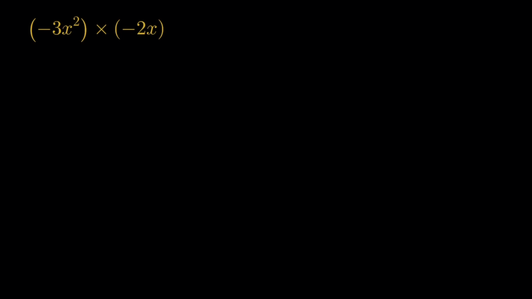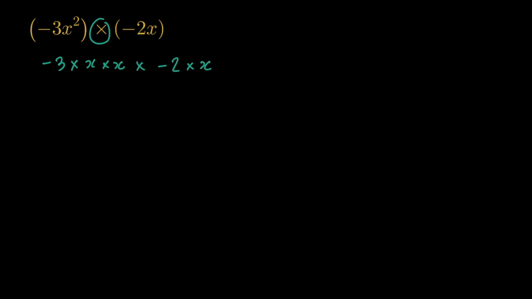We have negative 3x squared times negative 2x. Negative 3 times x squared, and x squared is x times x, times negative 2x, which is negative 2 times x.